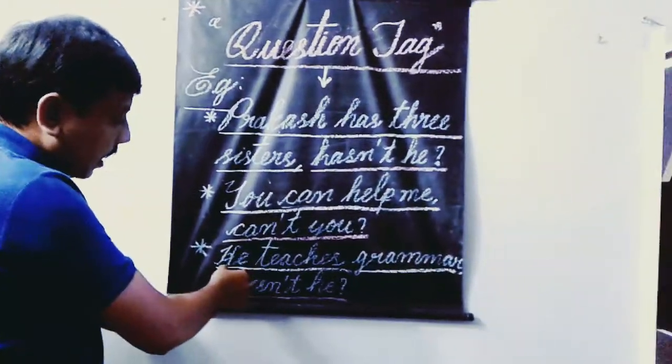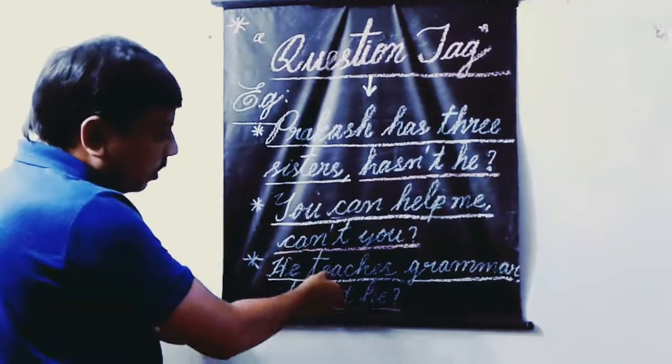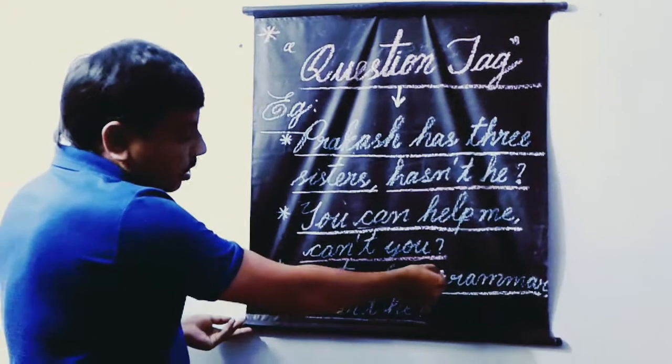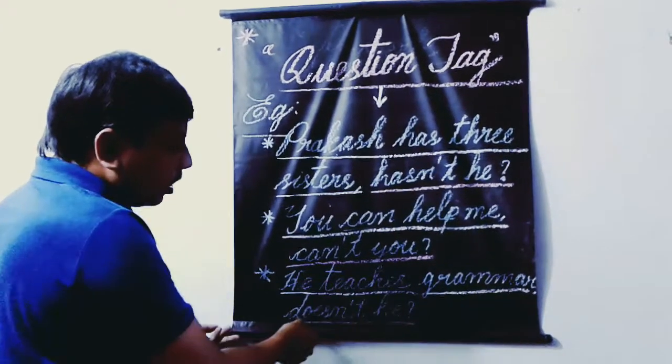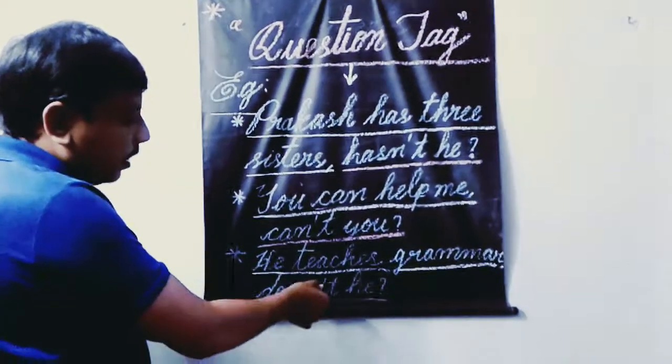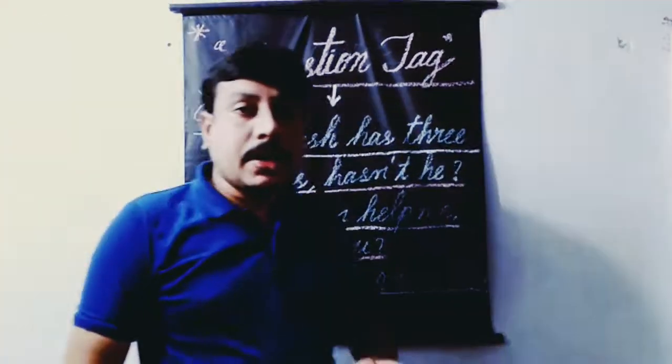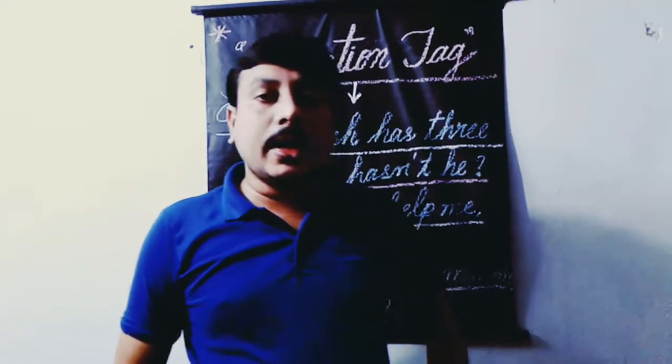If the given statement is in the positive sense, this is a positive statement, so we used a negative question tag. For good and all, positive statement takes negative question tag and negative statement takes positive question tag.